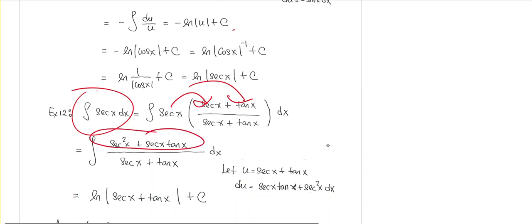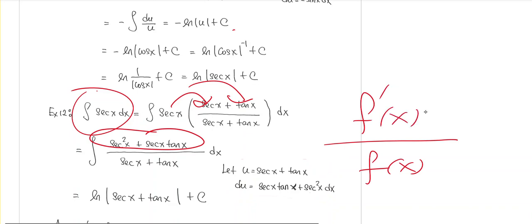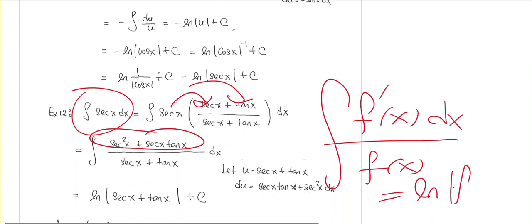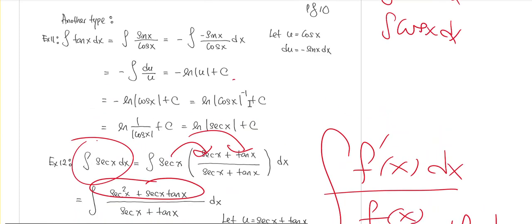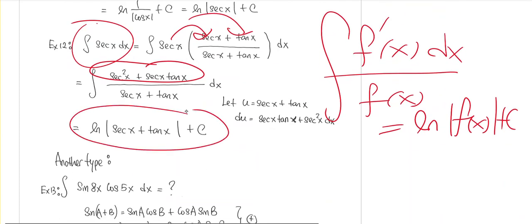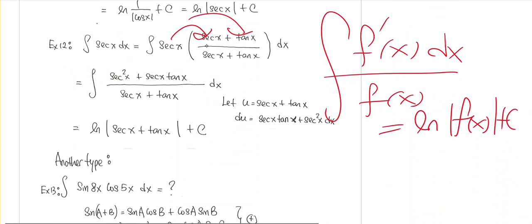So apparently, if you call this your f of x, the entire f prime of x dx is on top of it, which means that the integral of this is going to be log of the absolute value of f of x plus c, where your f of x is right here, and you get the answer. As simple as that. So next time, if you need to integrate secant of x, this is the thing that you need to multiply.